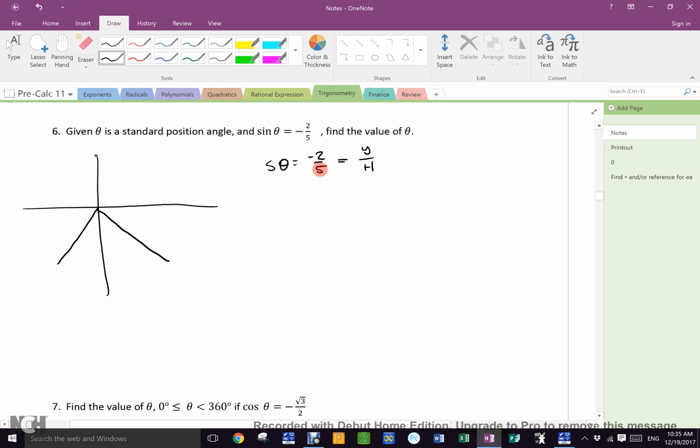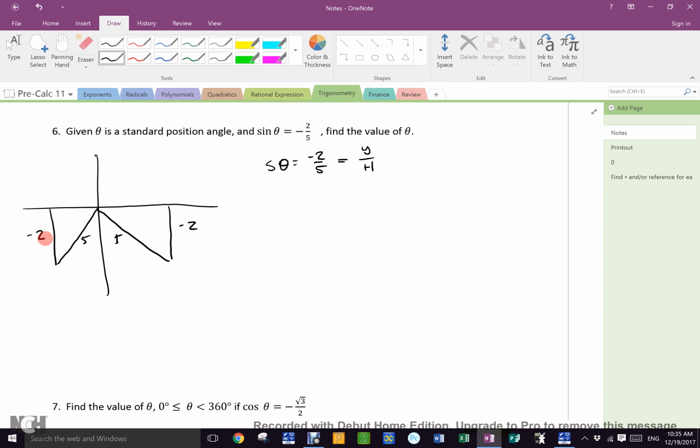5 must be the h. So where does 5 go? On the hypotenuse. The -2 must be here. Everyone agree? Okay.